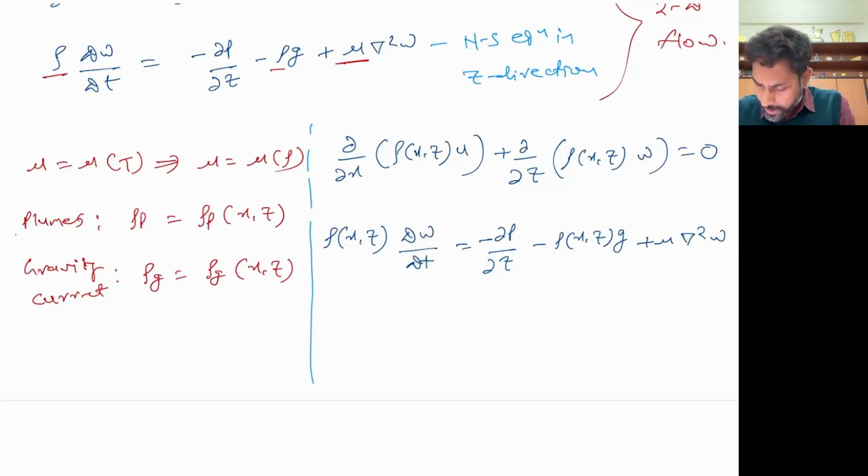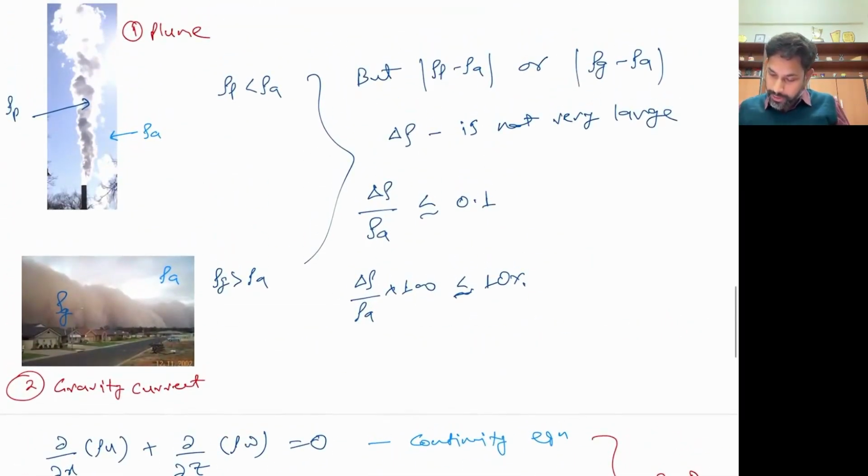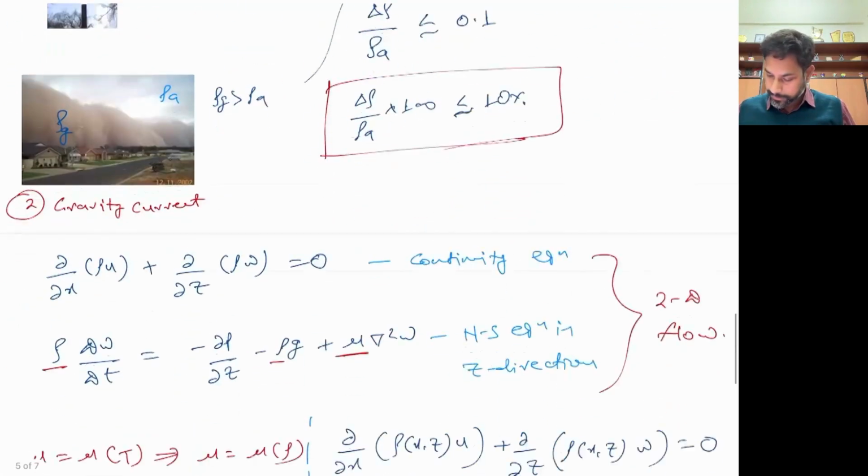And that is why we want to simplify this problem using the Boussinesq approximation, which is applicable when del rho by the reference density, that density difference, is not more than 10%.